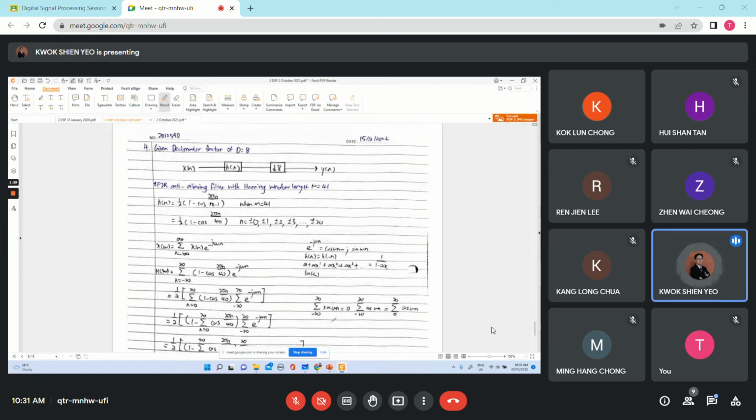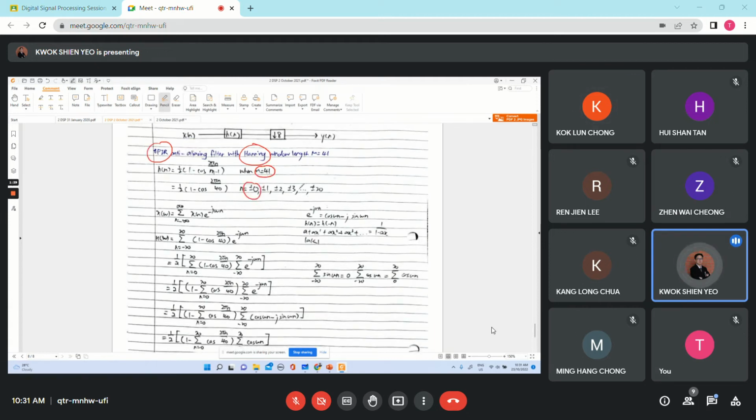Okay, number 4. FIR filters again, right? With Hanning window, right? So M equals 41, meaning from 0 to 20. Correct.